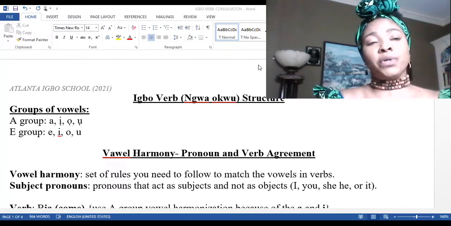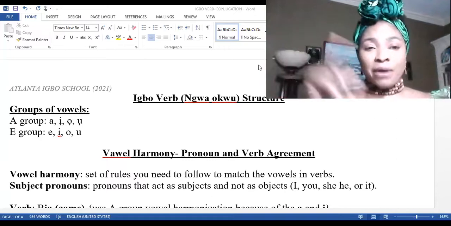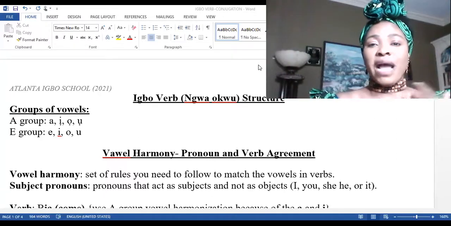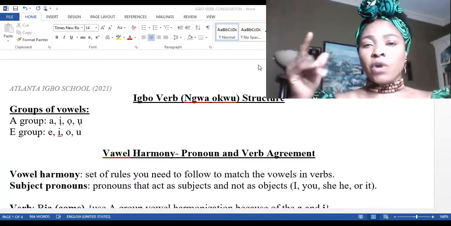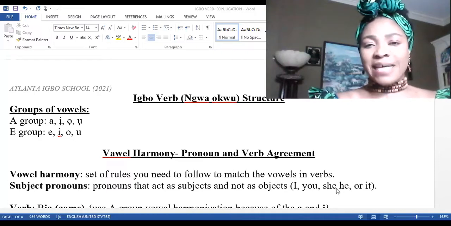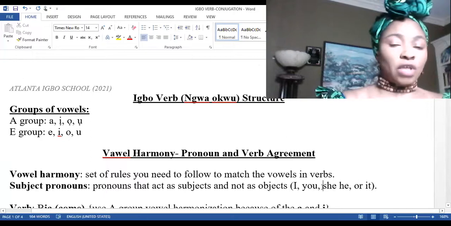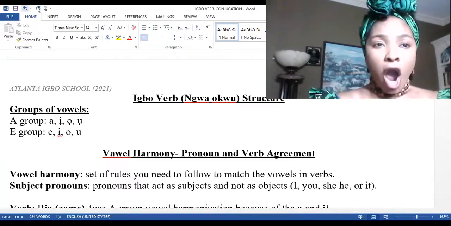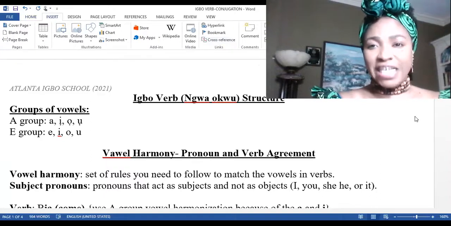So for example, when you're saying the pronouns, we have A, U, and then we also have O, and the O represents she, he, it. So don't forget, the O represents he, she, it.